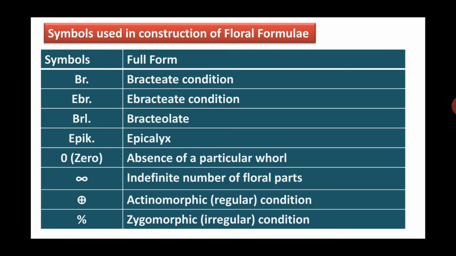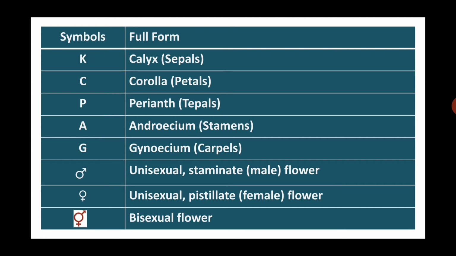Then circle and plus, that is actinomorphic or regular condition, and the symbol for zygomorphic means irregular condition. Then moving further, K means calyx or sepals, C means corolla or petals, P means perianth or tepals.